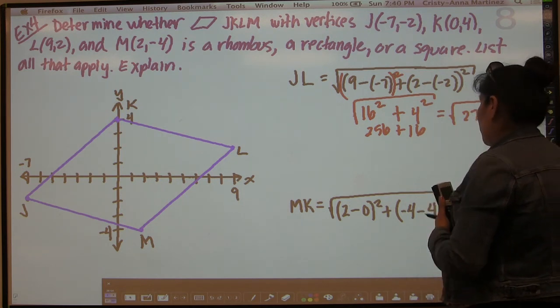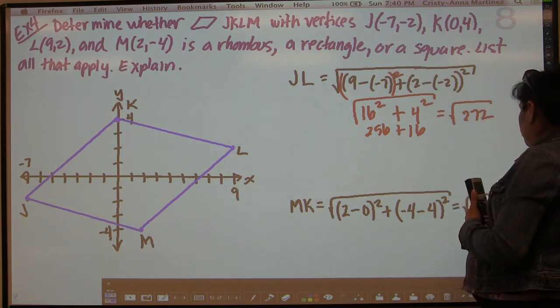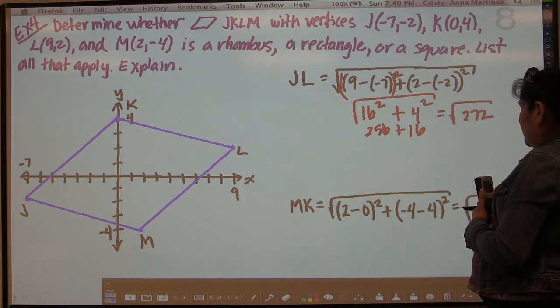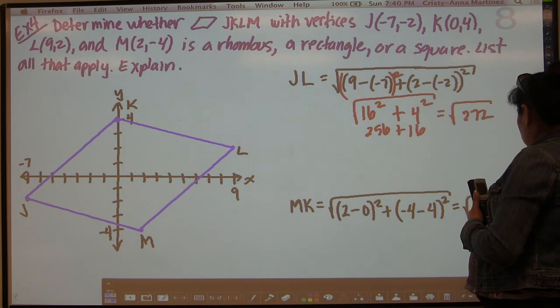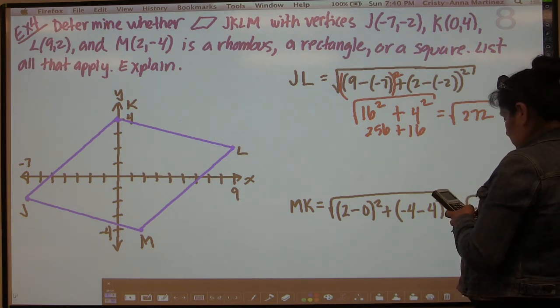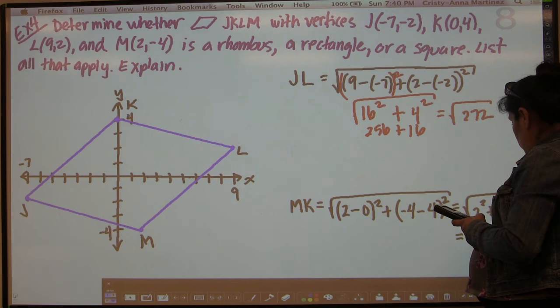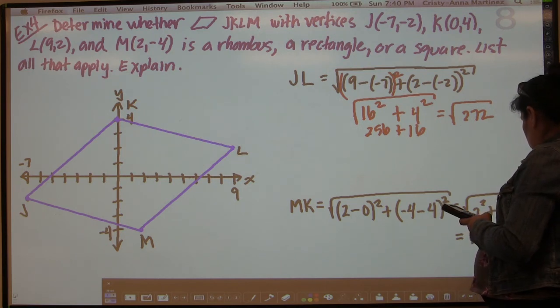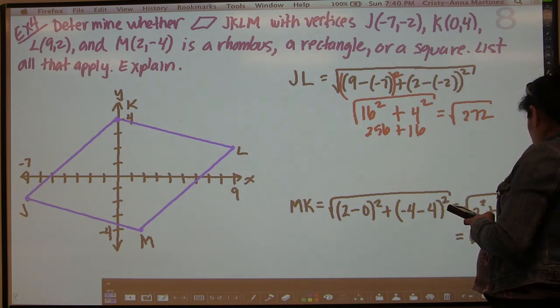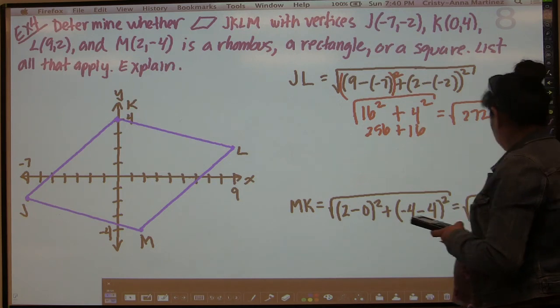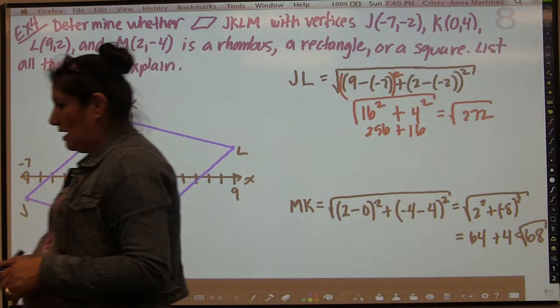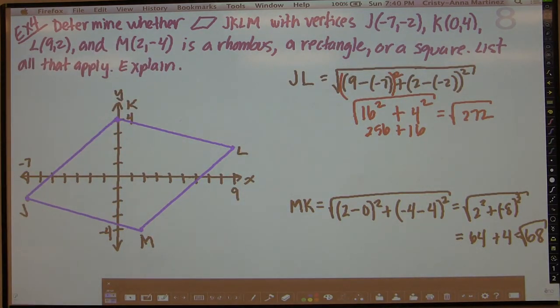So we're going to get 2 minus 0, which is 2 squared, and -4 minus 4, which is -8 squared. So we're going to get 4 plus 64, which is the square root of 68. And that is not the same thing as the square root of 272.